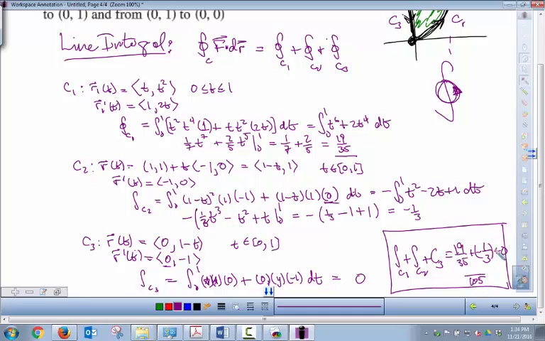Oh, we're subtracting too. 30, 40, 50, 57 minus 35. What? 22. Okay.